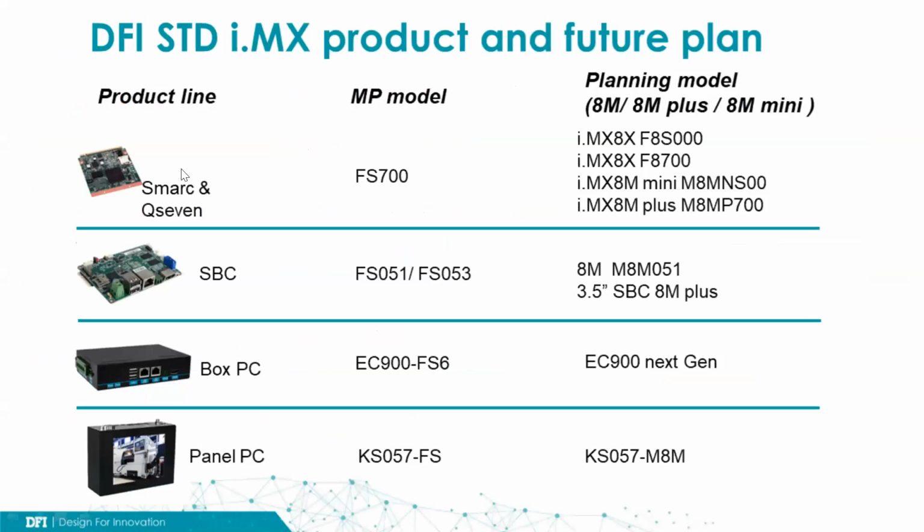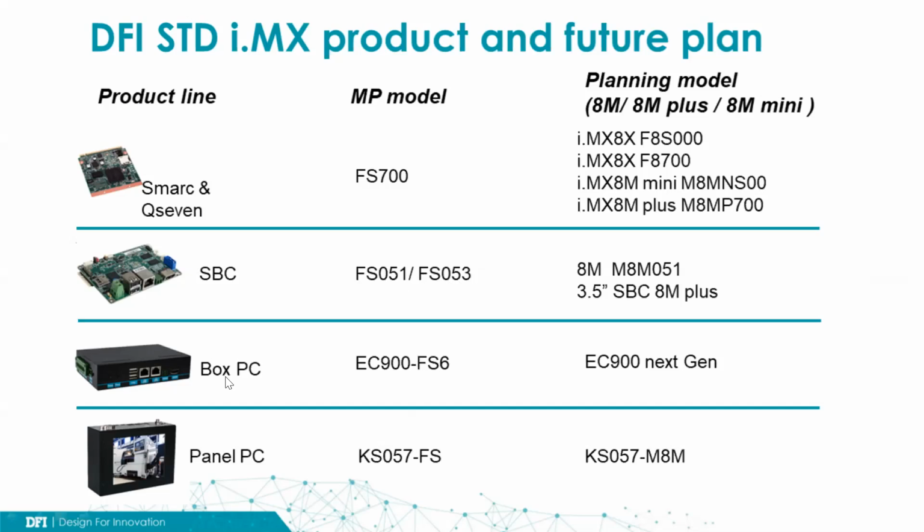So let's talk about what DFI i.MX products we have right now. From the SBC, Box PC, or panel PCs, we have the FS 7100 series and the 2.5-inch SBC right now to support 5 volt or industrial grade wide voltage range products.